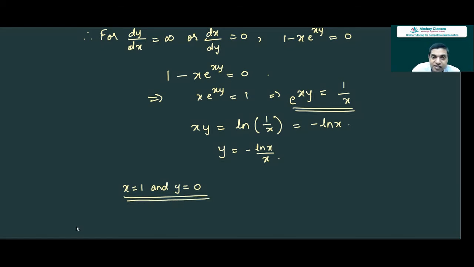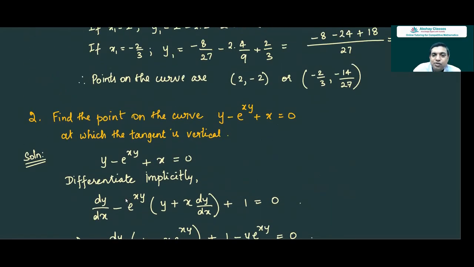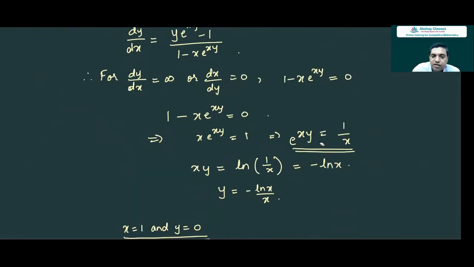At this point, now let us see whether this x equal to 1 and y equal to 0 lies on the curve. If you see here, if we substitute 1 comma 0, so y is 0, e power 0 plus 1. So e power 0 is minus 1. So this is satisfying. So 1 comma 0 is a point on the curve.